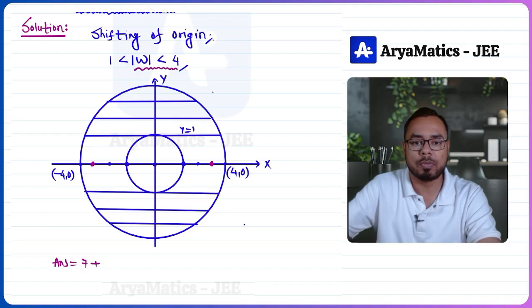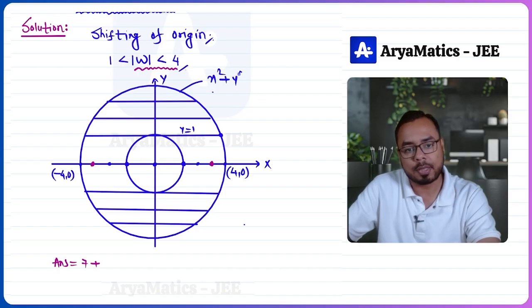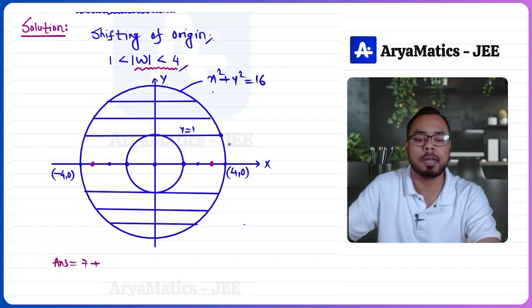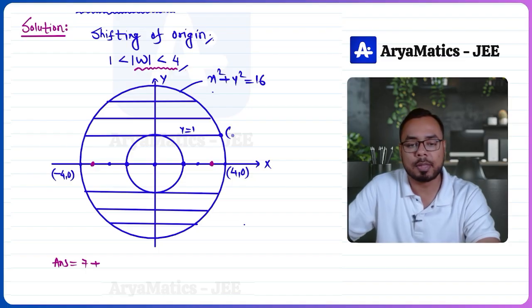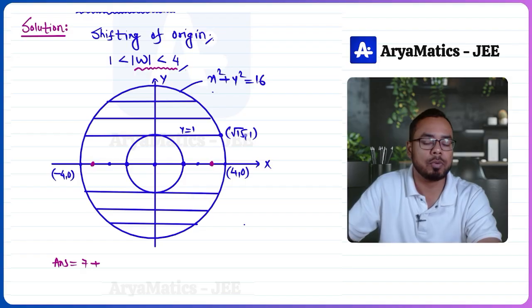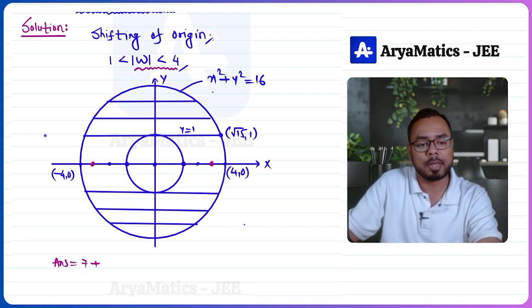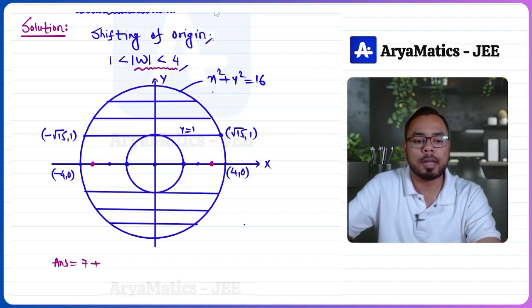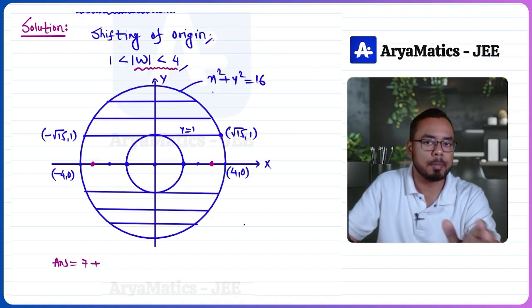Then on the y = 1 line, remember this outer circle will be x² + y² = 4², that is 16. So if the y coordinate is 1, the x coordinate will be root 15. So for this point, the coordinates will be (root 15, 1), and similarly on the negative side, (-root 15, 1). Now again, root 15 is a number bigger than 3.